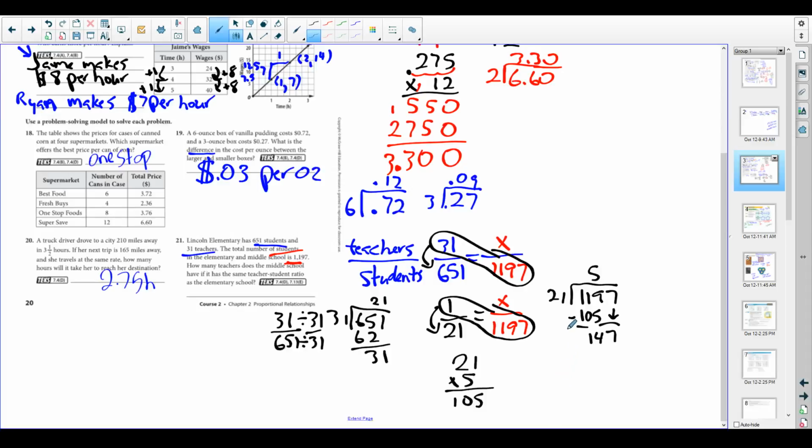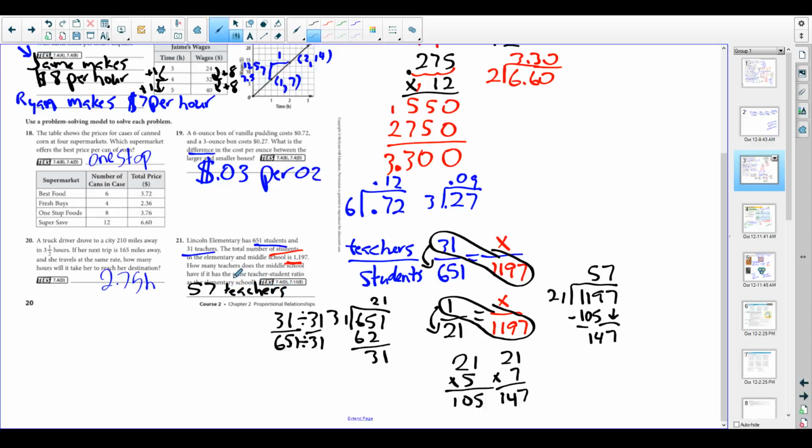Bring down 7. I think this is going to be 7. I hope it's 7. Otherwise we're going to get fractional teachers. We don't want that. And it is. So if we have exactly 1,197 students, in order to keep the ratio of 1 teacher for 21 kids, you would need to hire 57 highly trained teachers.